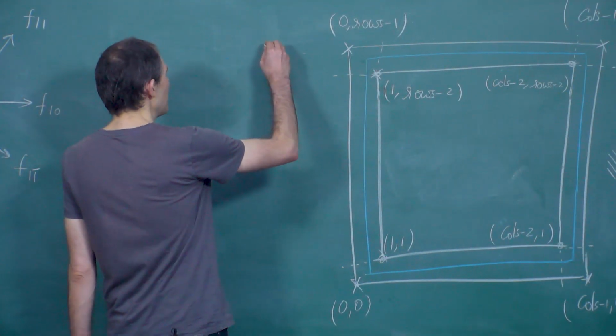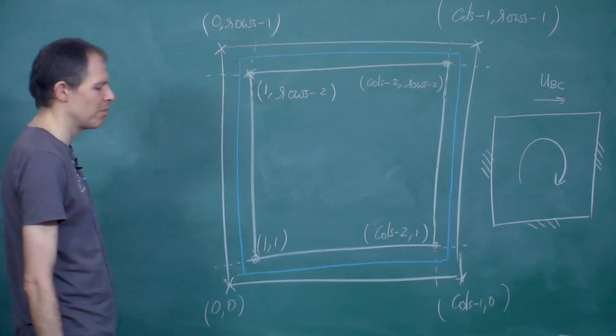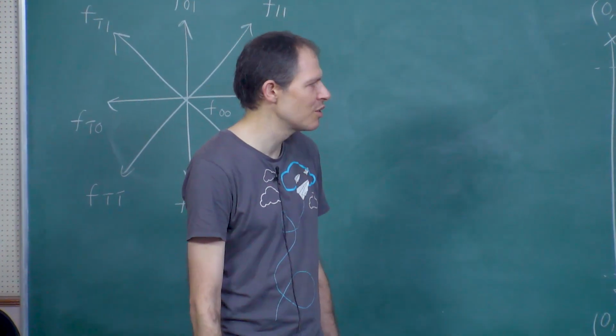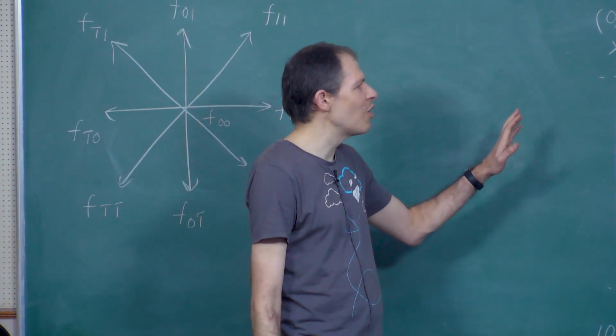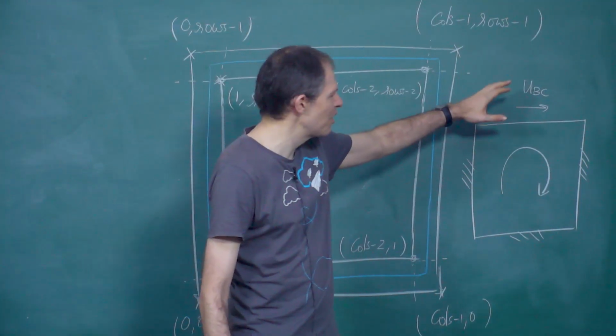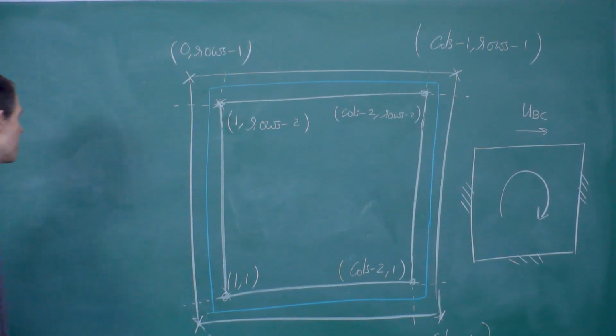So yesterday we talked about the bounce-back boundary condition, and in particular the velocity bounce-back boundary condition, which we will also use today for the lid-driven cavity example, because we have a moving boundary here and we have resting boundaries in other places.